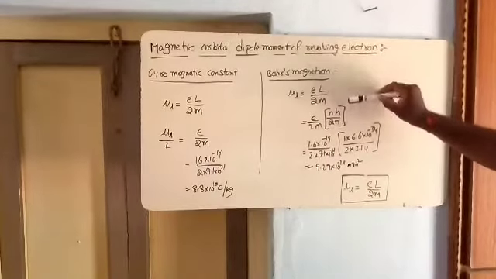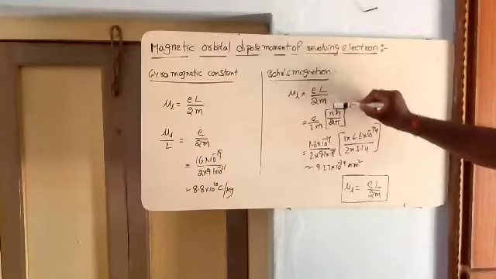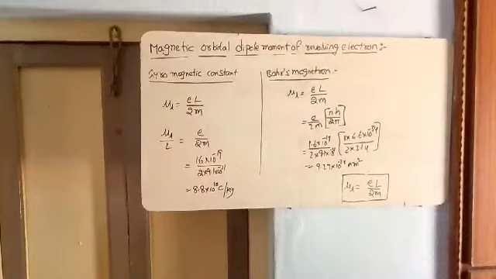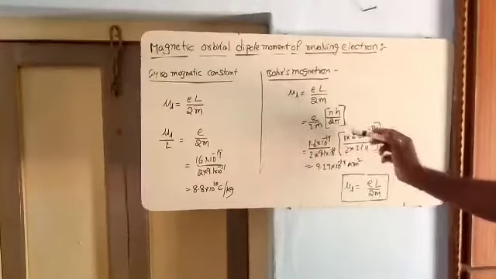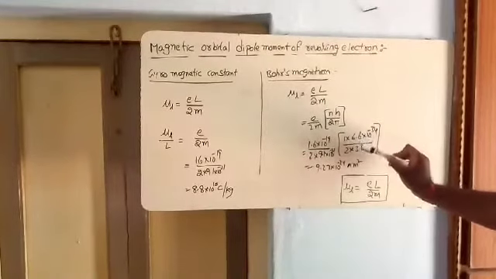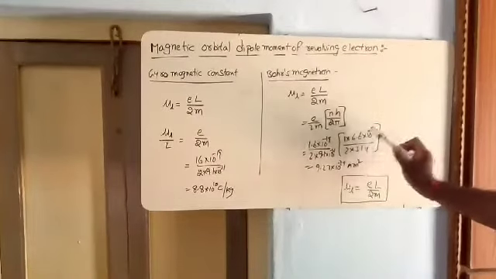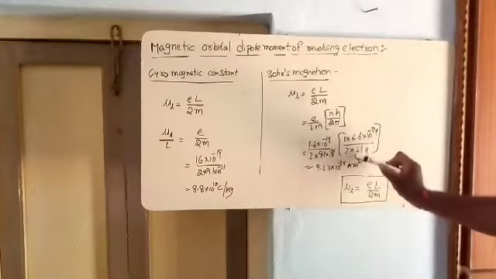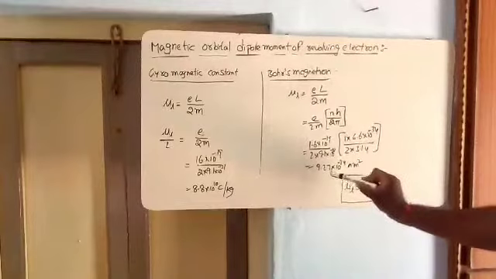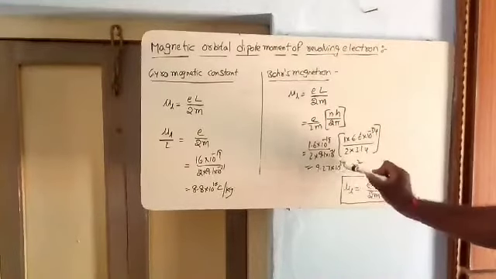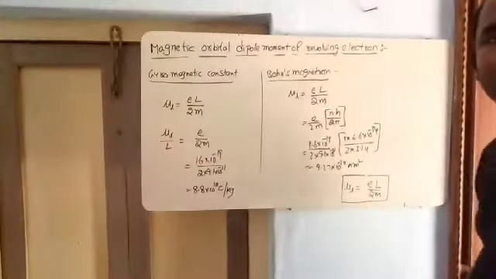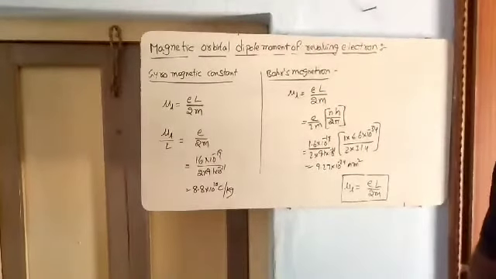Bohr's first orbit means n is equal to 1, and you can get eh by 4 m pi. e charge 1.6 into 10 to the power of minus 19, h Planck's constant 6.6 into 10 to the power of minus 34, m mass of the electron, and after substituting everything, finally I can get the Bohr magneton value 9.27 into 10 to the power of minus 24 ampere meter square. And these two constant values are important from the 1 mark and 2 marks point of view.